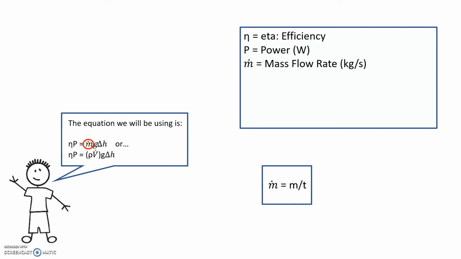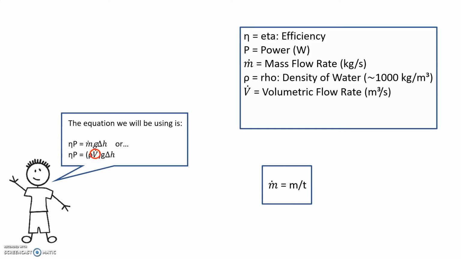Another way to represent the mass flow rate is by multiplying rho, or the density of water, which is a constant, by v dot, or the volumetric flow rate. The volumetric flow rate measures the volume of water that passes through a hydroelectric plant per second. These are both just different ways of measuring how much water comes over the dam in a certain amount of time. The volumetric flow rate can be shown as the volume of water divided by the time.